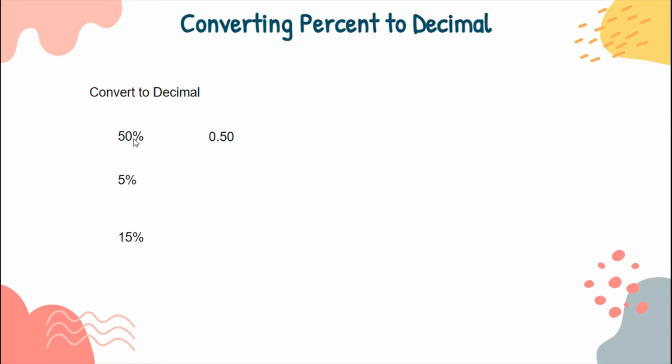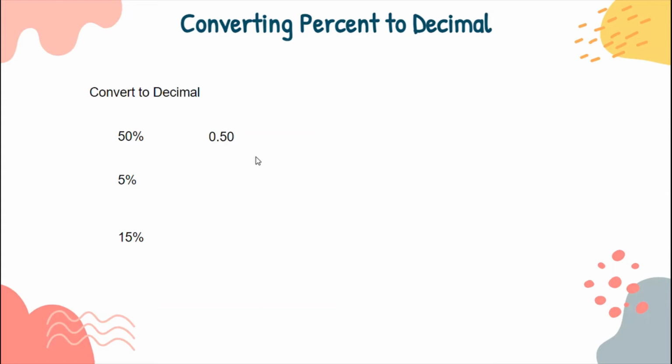All we have to do is move the decimal point 2 places to the left. So 1 and 2. The decimal point now is here. Just affix 0 to make this 0.5 or 0.50.